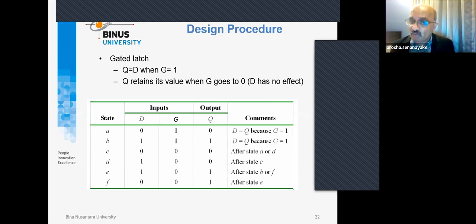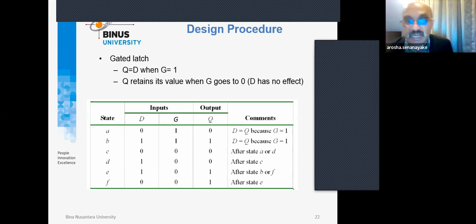What we understood previously is that when G is equal to 1, D will always be reflected in Q. When G is equal to 0, the expectation is that the value we get should be independent of the value in D. Because G is equal to 0, the output should be 0, because G governs the propagation of the D input into the output.